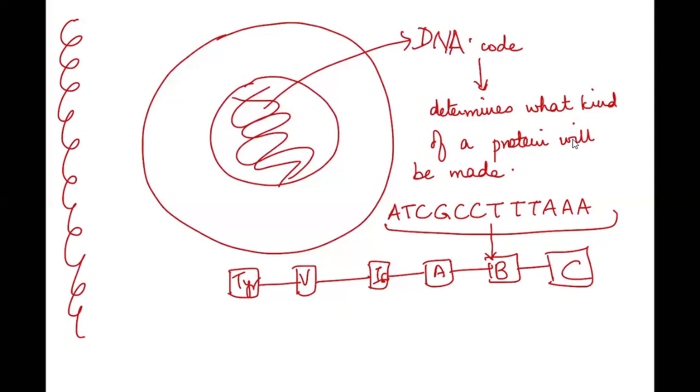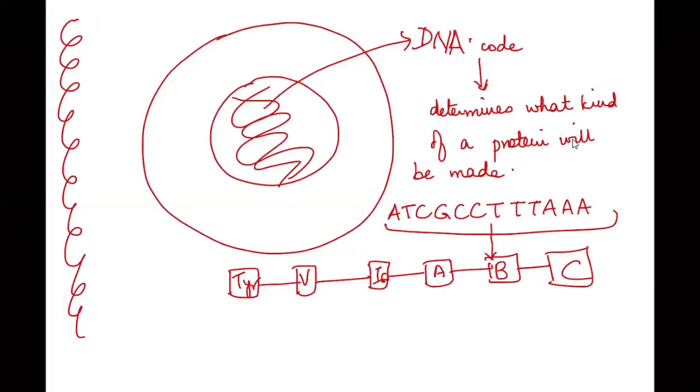So the code in our DNA will determine what kind of protein is made in your body. In your body, amongst the long list of proteins जो हमारी body में है, one of the protein is hemoglobin. ठीक है? तो इसका मतलब ये हुआ कि there must be a code inside your DNA which determines कि अच्छा ये वाला molecule synthesize होगा क्योंकि इसकी sequence of amino acids ये है, right?